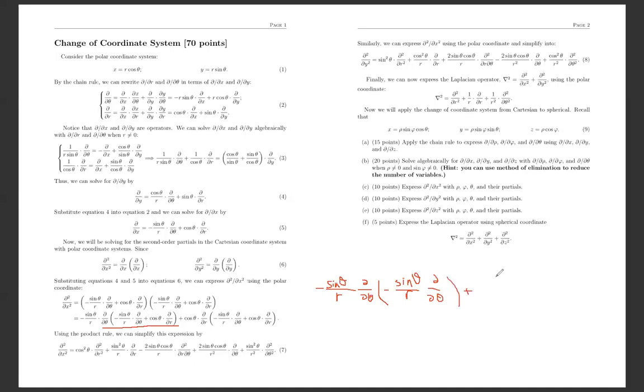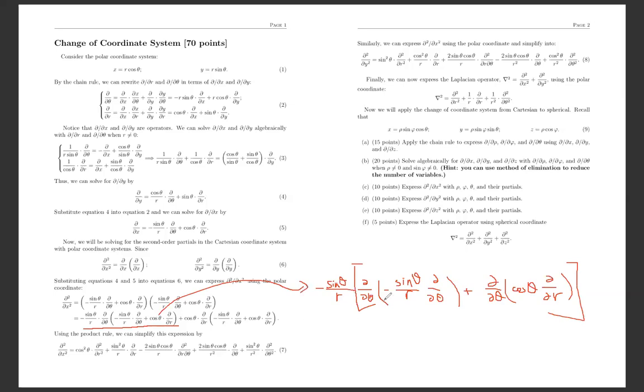Plus partial of partial theta of cosine theta partial r. So this is the first component here. Everyone follows?